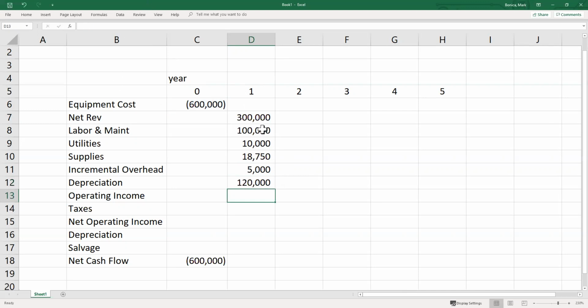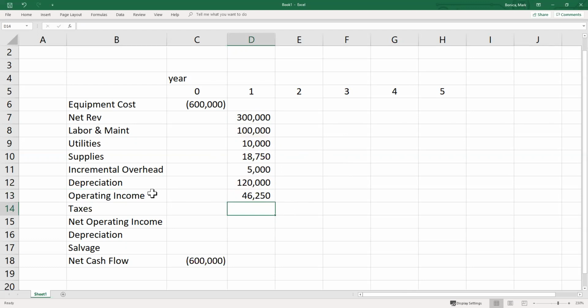So all of my expenses are positive, which means that to calculate my operating income, I'm going to take my $300,000 in net revenue minus the sum of the rest of my expenses, and I get 46,250. This is my operating income.